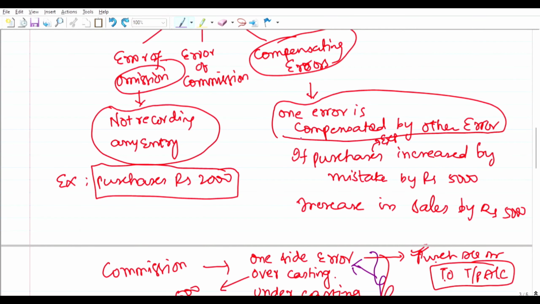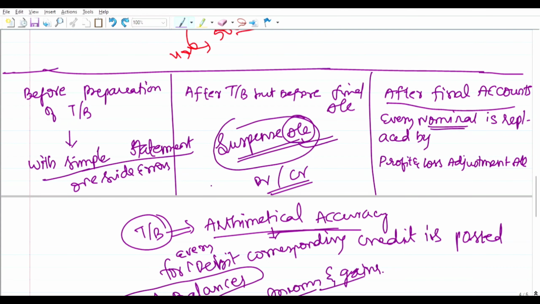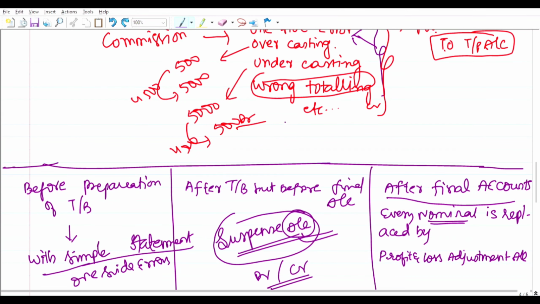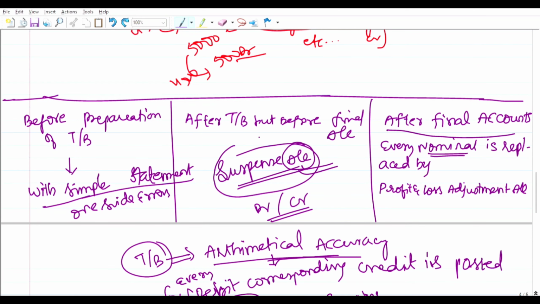Error of omission is not recording any entry. Compensating error is when one error is compensated by another error. Error of commission is wrong casting or totaling, and one-sided errors are all called commission errors. Commission errors can be acceptable, but not every time.